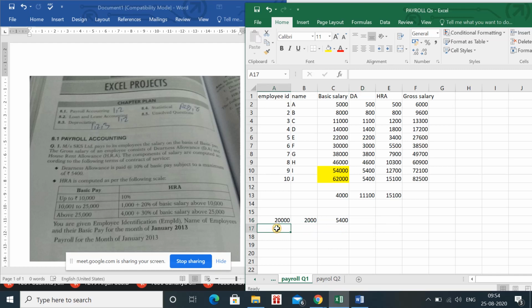So whenever my salary is less than 54,000, every time the 10% value is lesser, so no problem will arise.